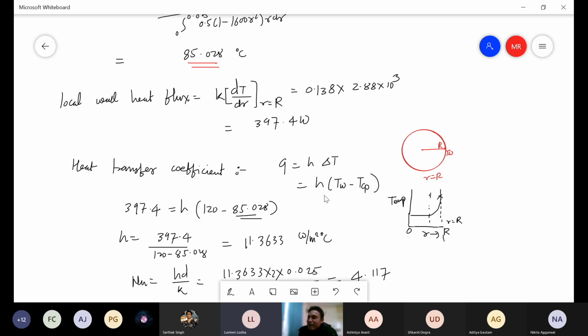It's a laminar flow, so this temperature should be the bulk temperature. In fact, one such derivation we will look at in the next class, where we are going to derive the expression for the heat transfer coefficient in laminar flow. There also you will see that we will be taking a bulk temperature while calculating this Q.